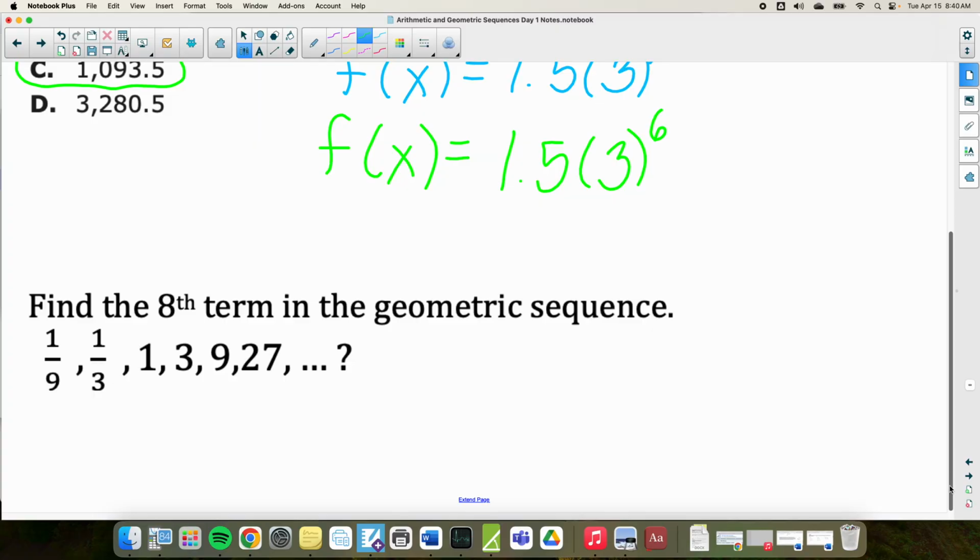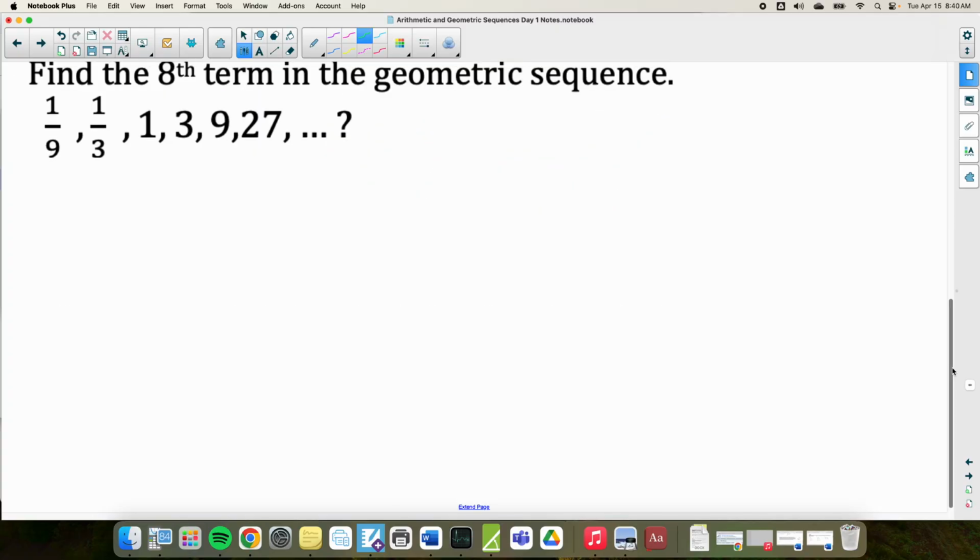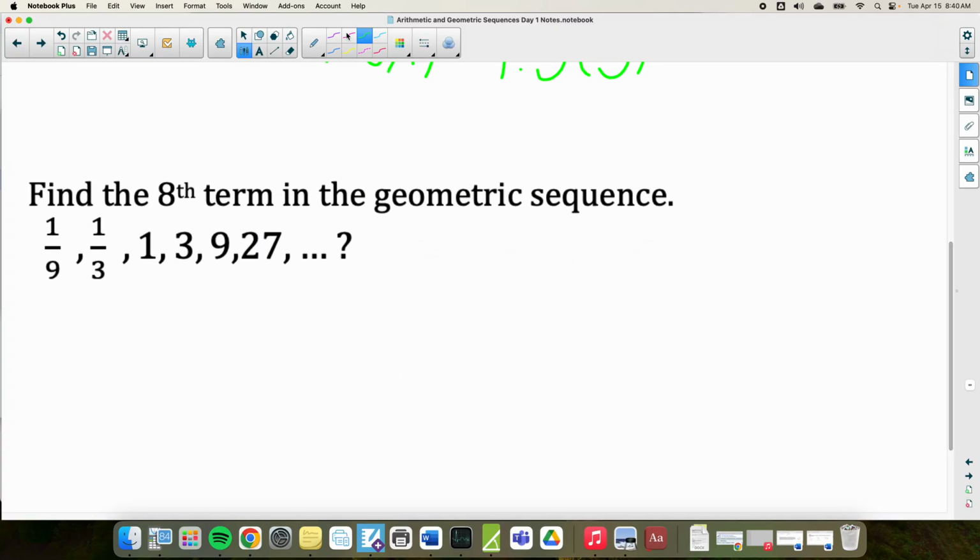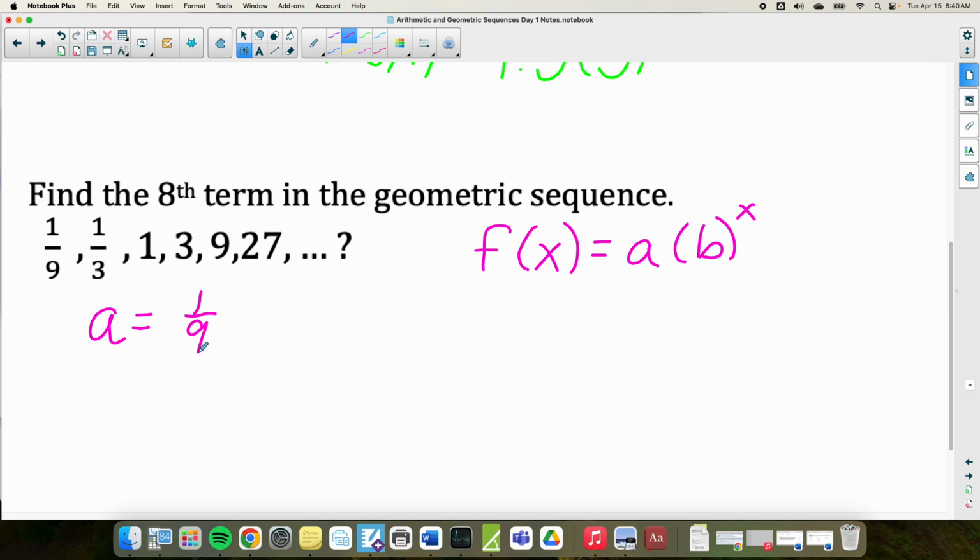And then one more, find the 8th term in this. So we have f of x equals a times b to the x. Remember, a is your starting point, which is 1/9. B is what you're multiplying by each time, and if you use these, it's easier.